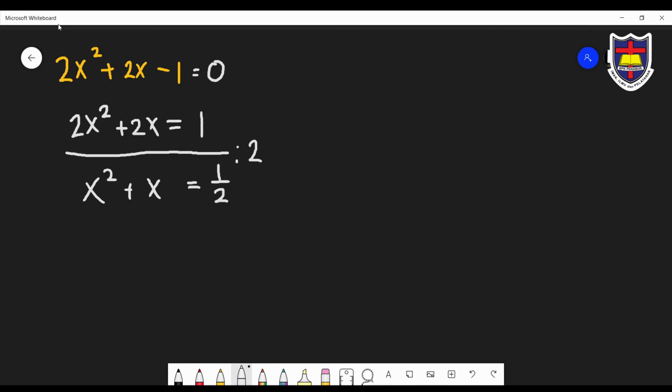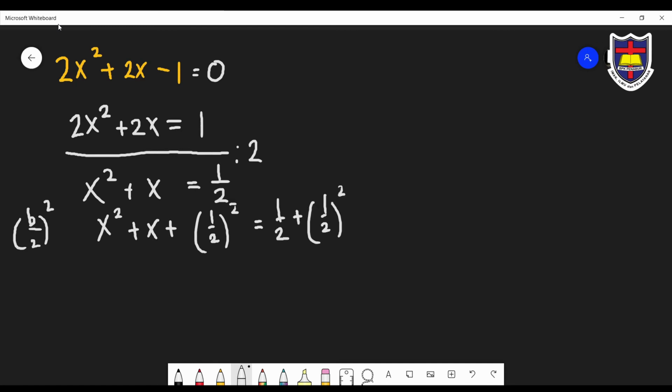And then we can add b over 2 squared to both sides. So we have x squared plus x plus (1/2) squared equals 1/2 plus (1/2) squared. So x squared plus x plus (1/2) squared is equal to (x plus 1/2) squared, which equals 1/2 plus 1/4.